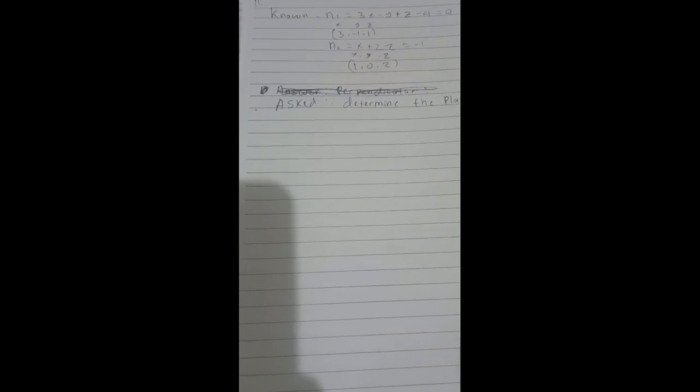From this equation, we derive that x is 3, y is -1, and z is 1. Next, n2 is x plus 2z equal to -1, and from this equation we get x is 1, y is 0, and z is 2. The question asks to determine whether the planes are perpendicular or not.